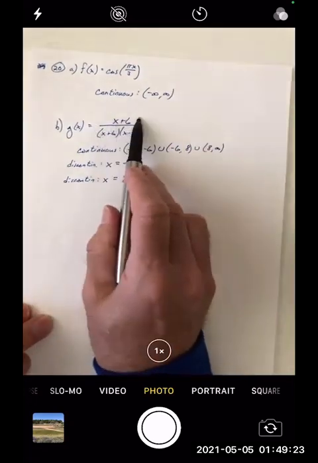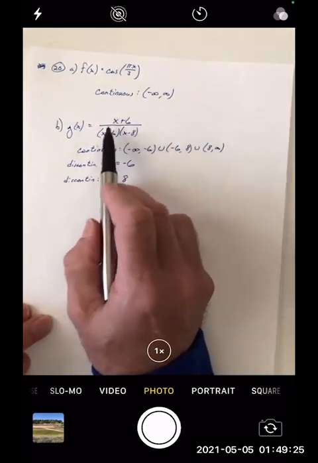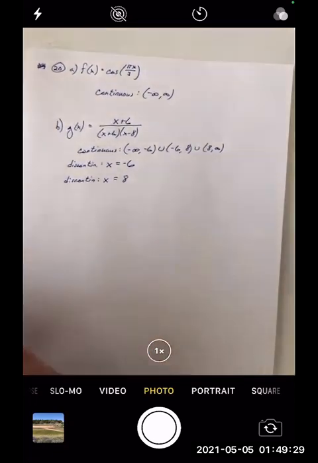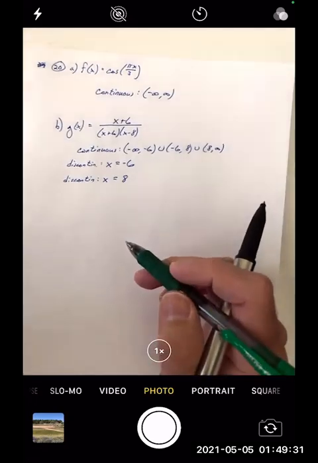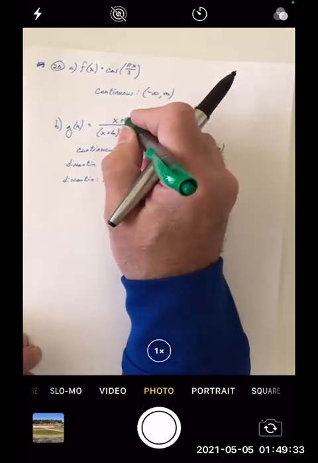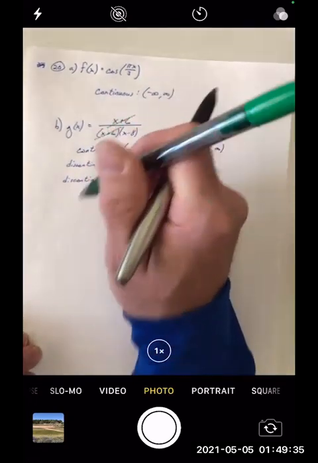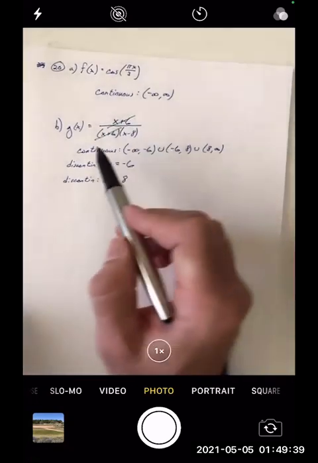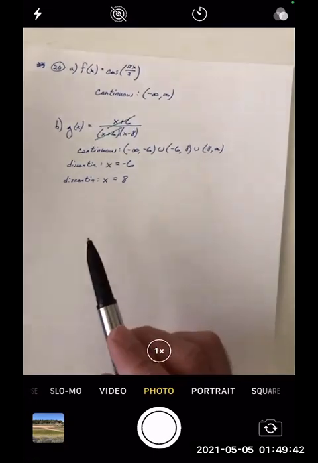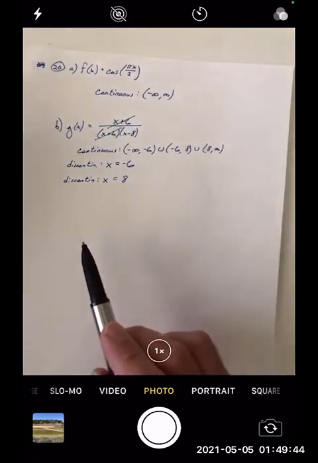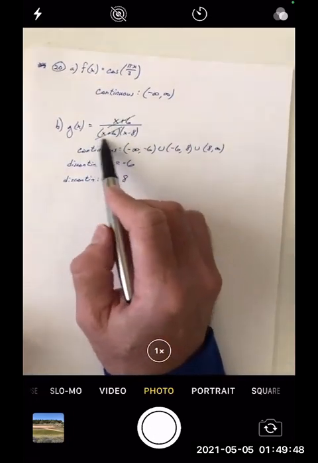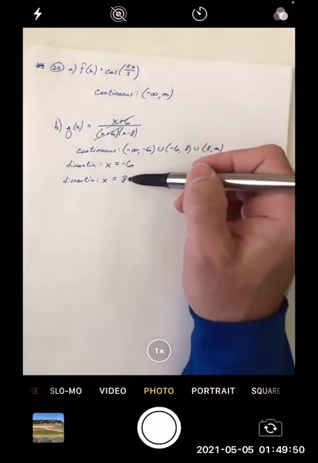But if you go back to your original function, it reduces. So what actually cancels out? The x plus 6, yeah, that's gone. So which one of these two numbers made x plus 6 equal to 0? The -6 or the 8?